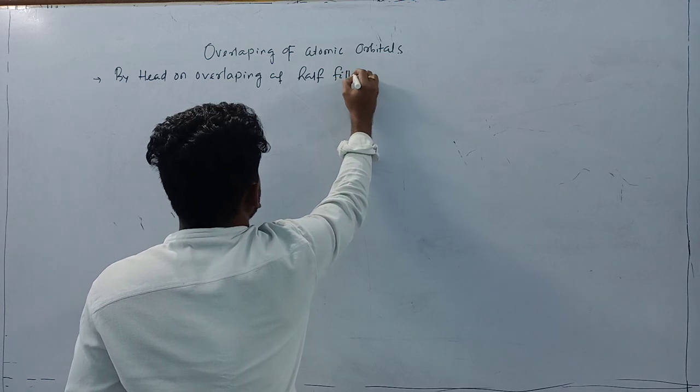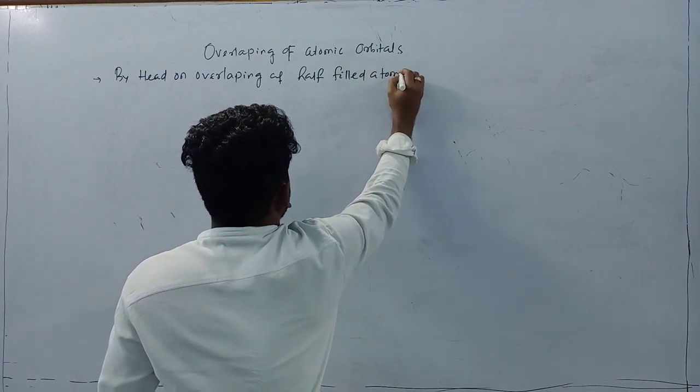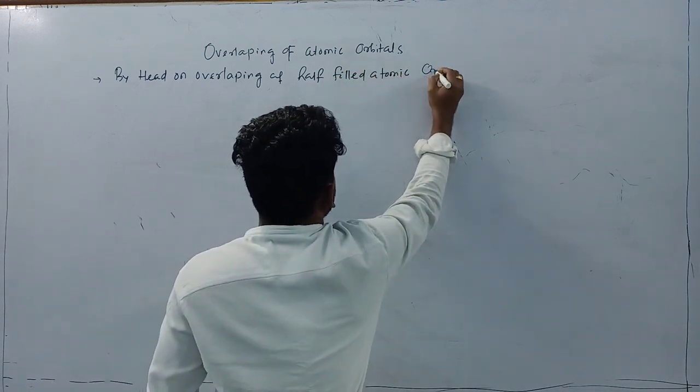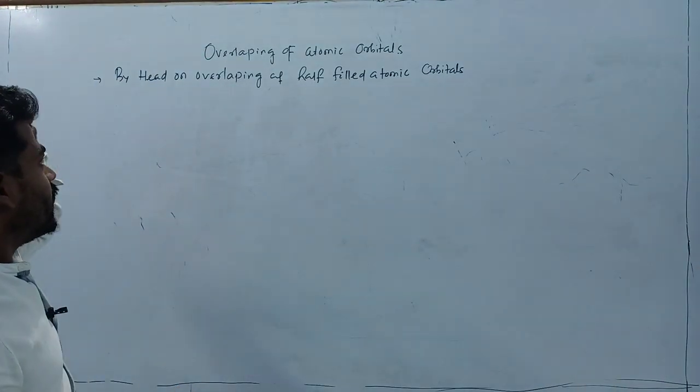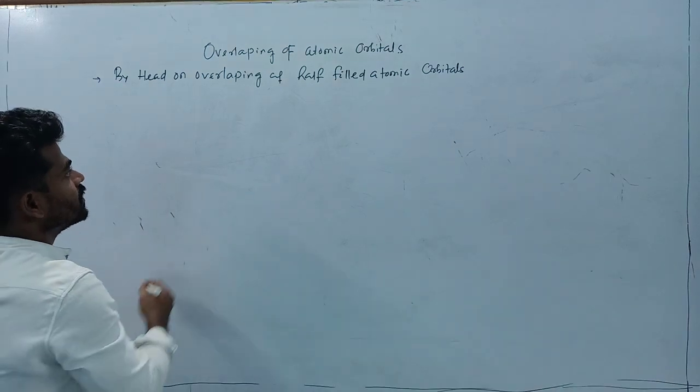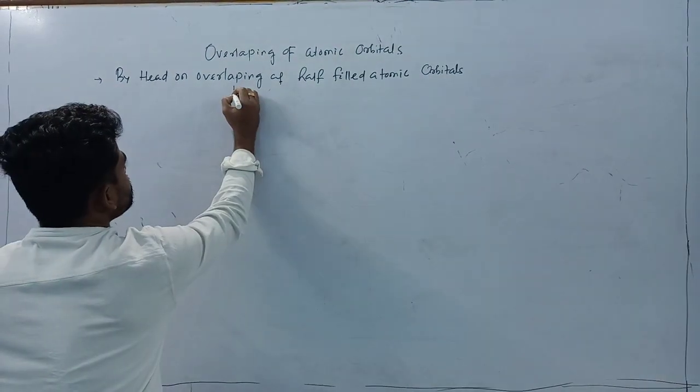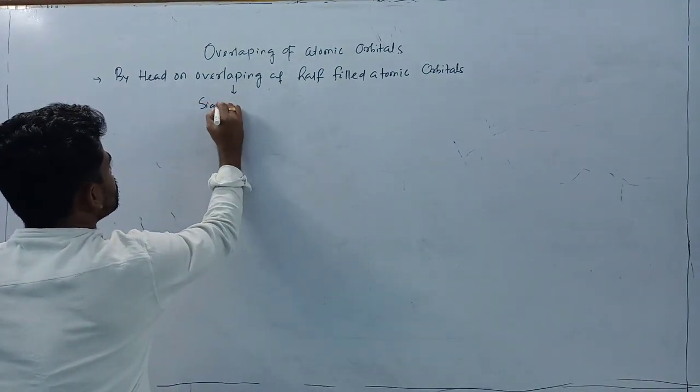So head-on overlapping of atomic orbitals leads to the formation of a sigma bond.